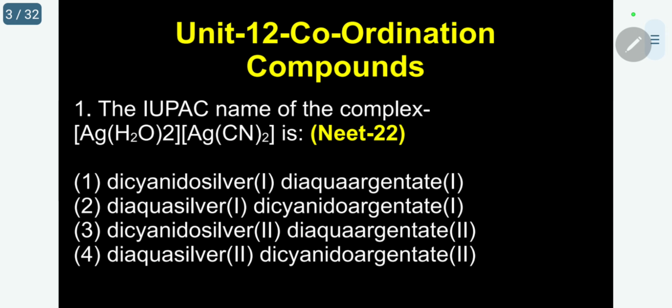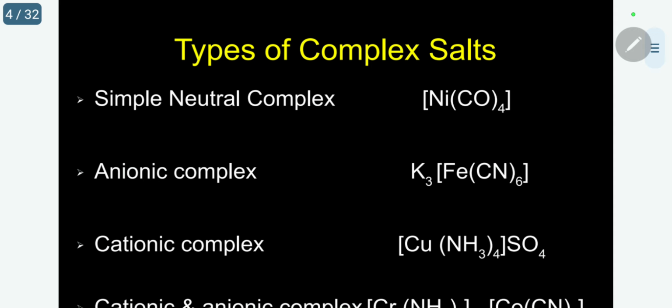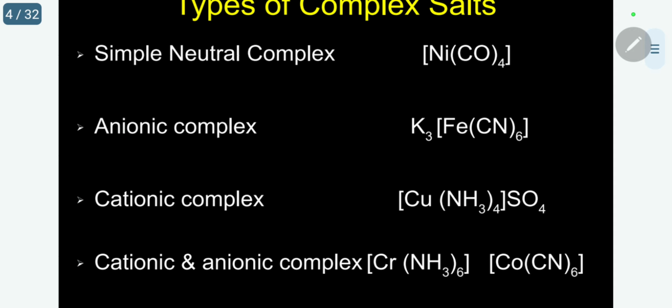Before naming a complex, you must know the types of complex available in the literature. Normally there are 4 types of complex. One is the simple neutral complex.